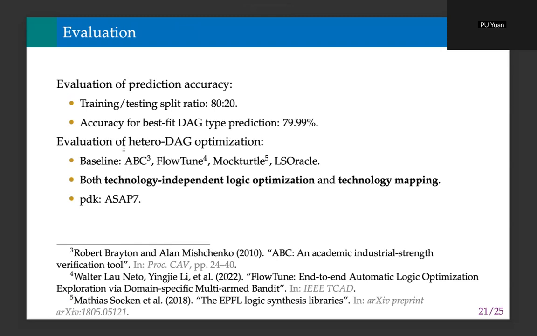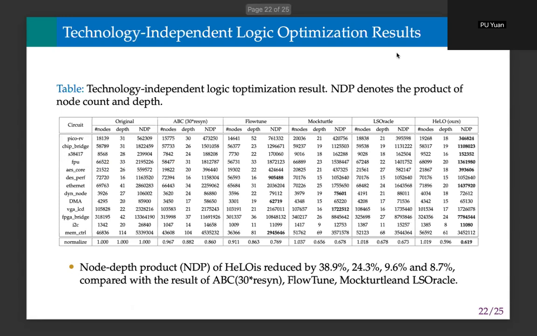And for the heterogeneous DAG optimization result, we choose ABC, Flowtune, Mockturtle, and LS Oracle as baselines. And we compare the technology-independent logic optimization and the technology mapping, using the ASAP7 PDK node. Here is the technology-independent logic optimization result.